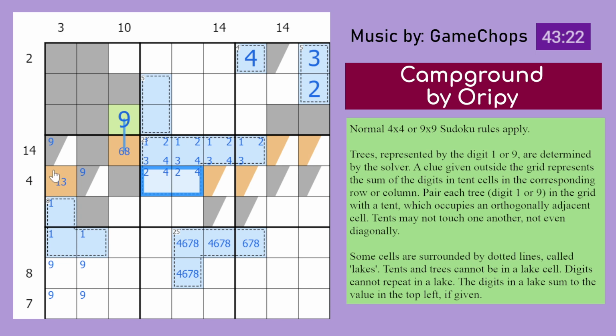I mean, could this be 1? If it was, then we know that would be 1. Wait, why 1? No. What am I doing? Wait. This is not 1, 3. Oh no, it is 1, 3. It's 1, 3 with 1, 3 here.